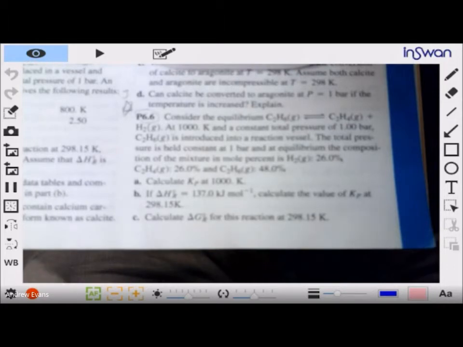The total pressure is held constant at 1 bar, and at equilibrium, the composition of the mixture in mole percentages is 26% hydrogen, 26% ethene, and 48% ethane. Calculate your Kp at 1,000 Kelvin. And if the enthalpy of this reaction is 137 kilojoules, calculate the Kp at 298. And then calculate the standard Gibbs energy of reaction at 298.15.